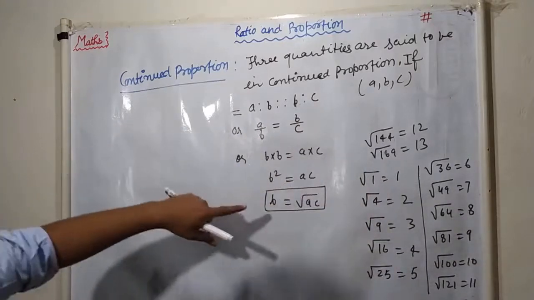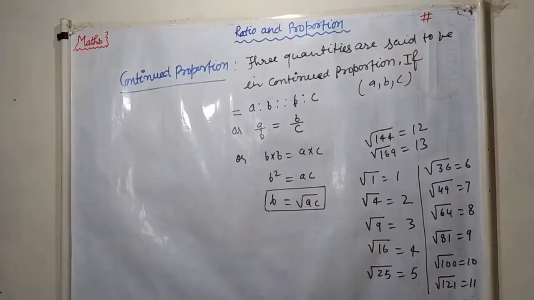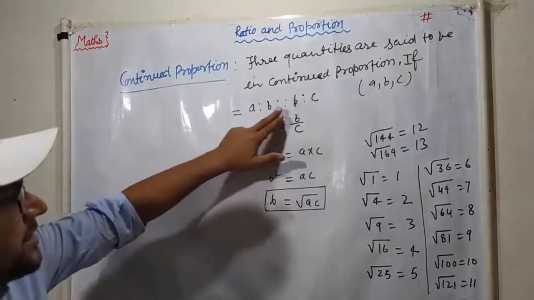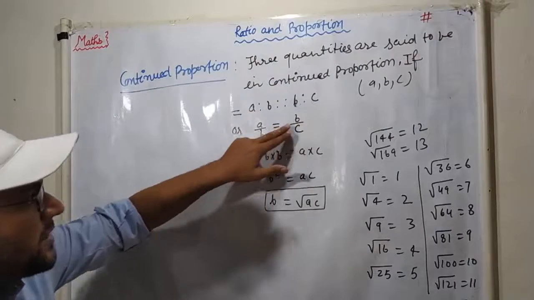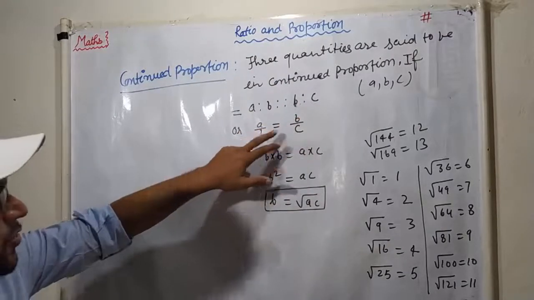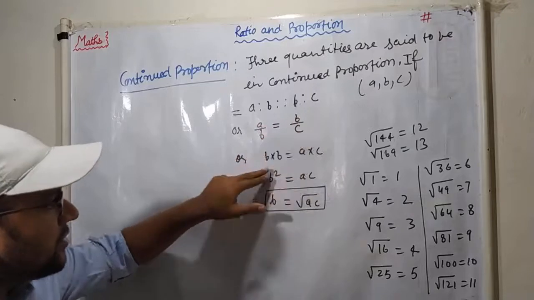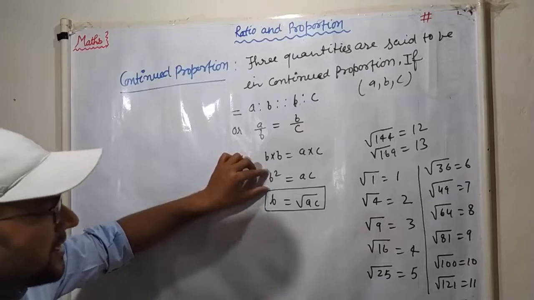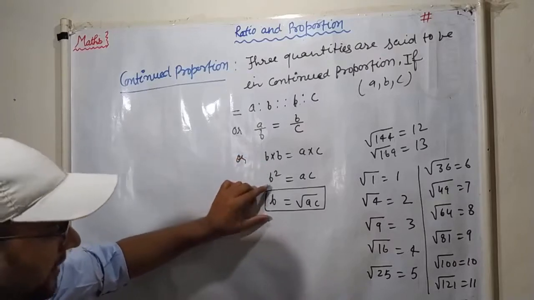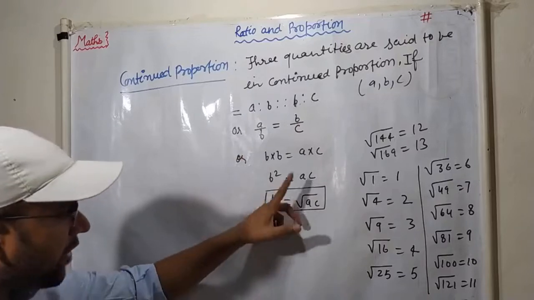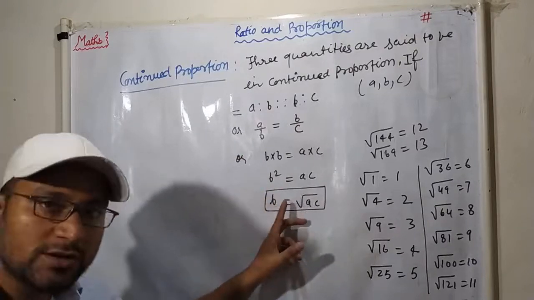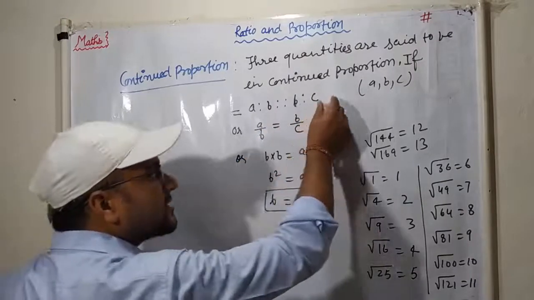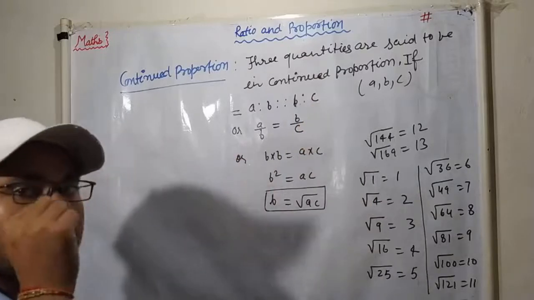So here, students, this is a continued proportion. Three quantities are said to be in continued proportion if A is to B as B is to C. Then A upon B is equal to B upon C. By cross product, B into B equals A into C, so B square is equal to AC. Here B is called the mean proportion. If you want to find this mean proportion, take the square root of the product of the first and third terms.